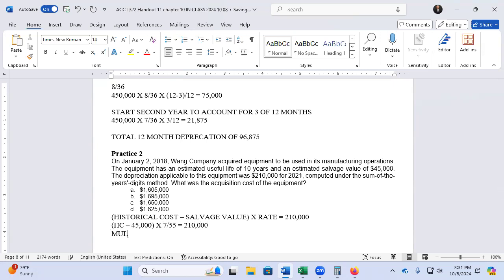So now multiply by 55 over 7, both sides, to eliminate that fraction. And you end up with historical cost minus 45,000 equals 1,650,000.